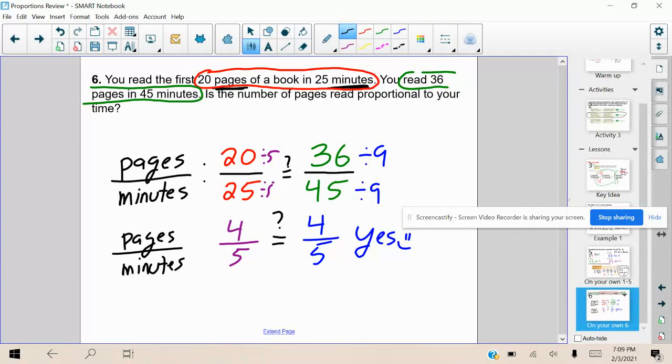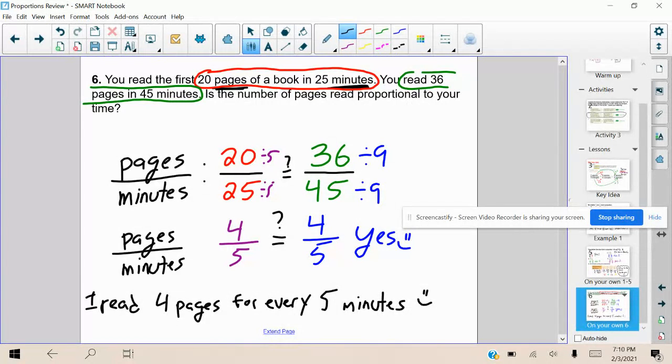So if I ended up with 4 over 5, that really means I read 4 pages for every 5 minutes.